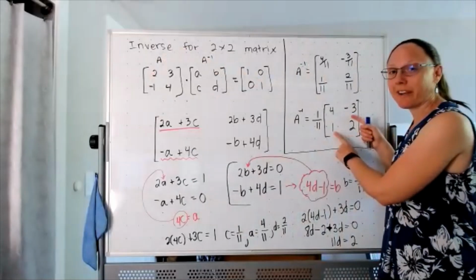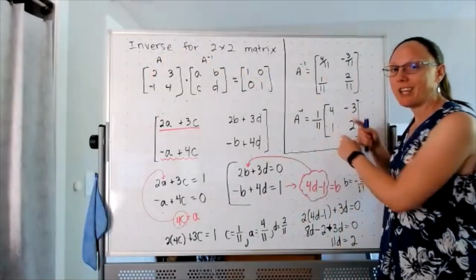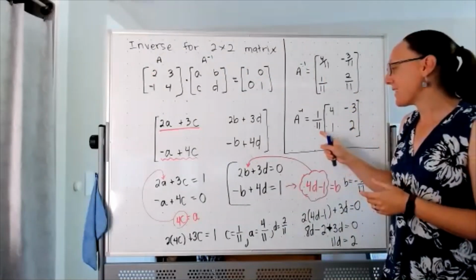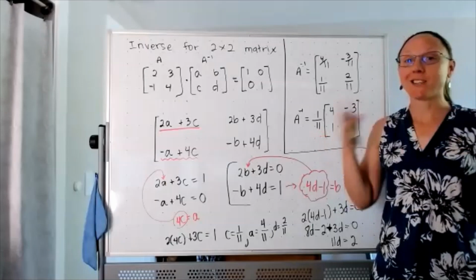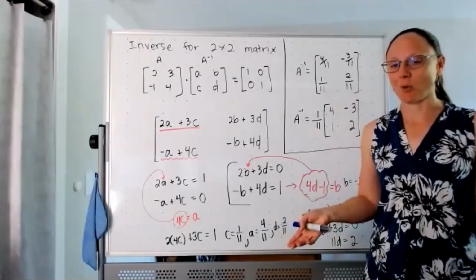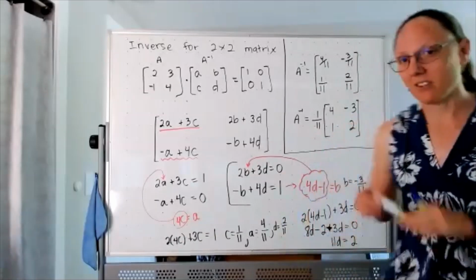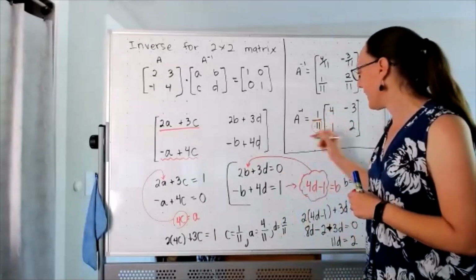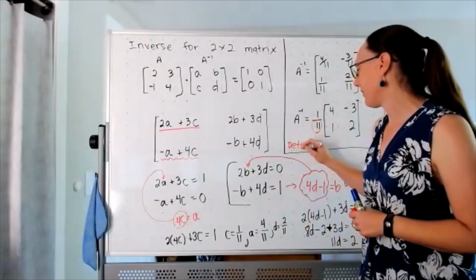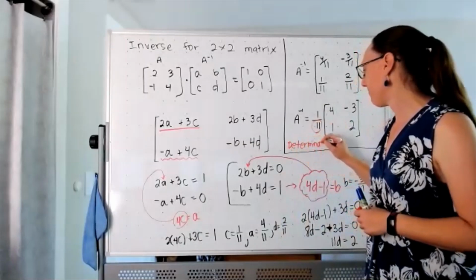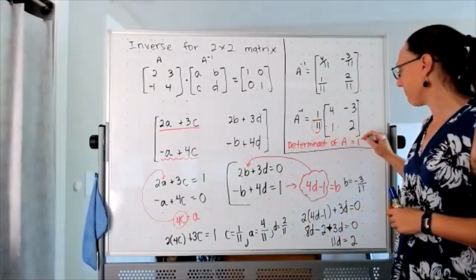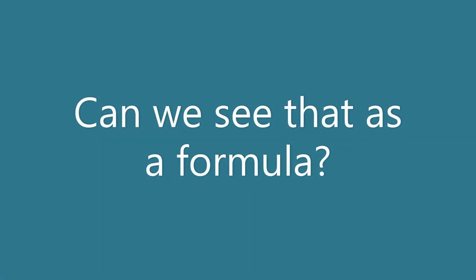These numbers over here, you just take the opposite signs. And this number 11 right here is so special. We use it for so many different things. It has its own name. And that little 11 down there is the determinant of the matrix.